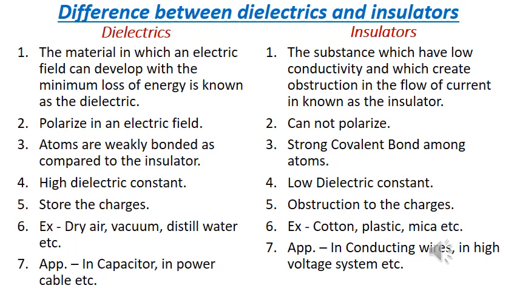Dielectrics can be polarized in an electric field, but insulators cannot. Atoms in dielectrics are weakly bonded within the molecule as compared to insulators, but there are very strong covalent bonds among the atoms within the molecule of insulators.